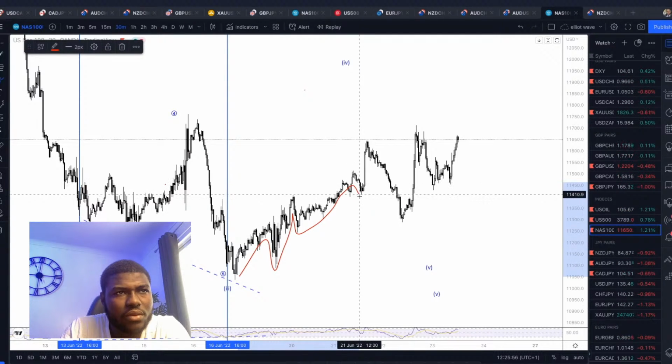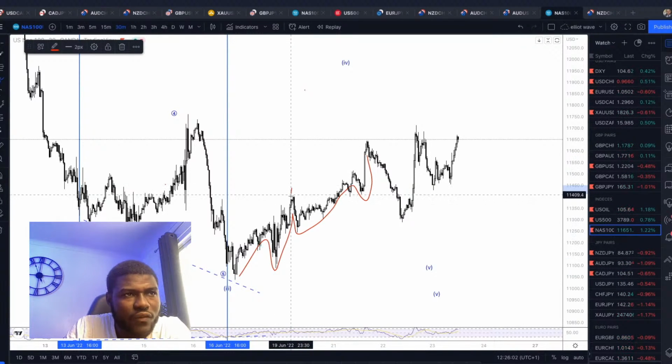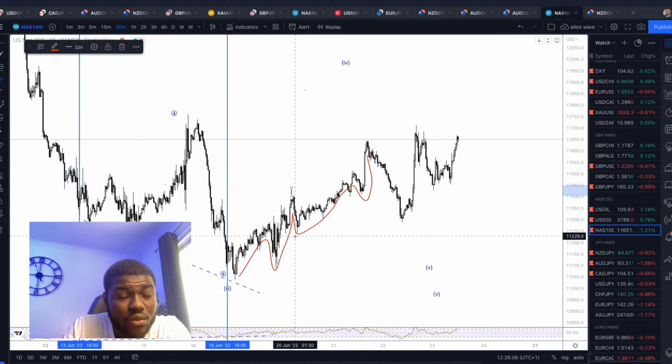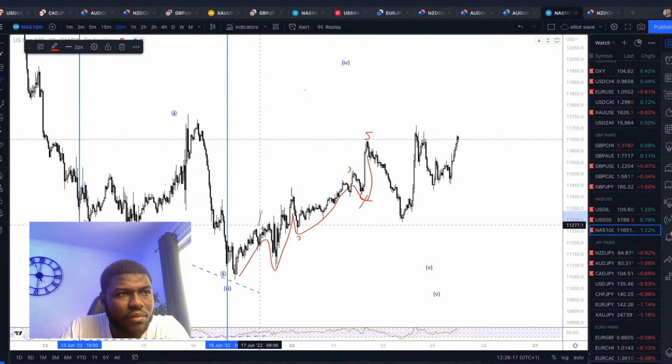This is the impulse, correction. Fantastic. Spot that there. This move will be my wave one. It looks like a beginning diagonal, or what do we call leading diagonal? This is wave two. This is wave three. This is wave four. This is wave 5 here. Fine. So this is now the big wave 1.